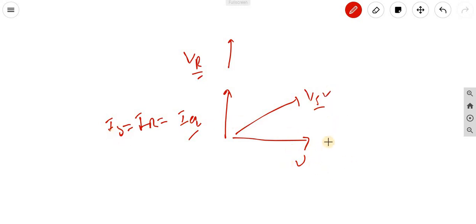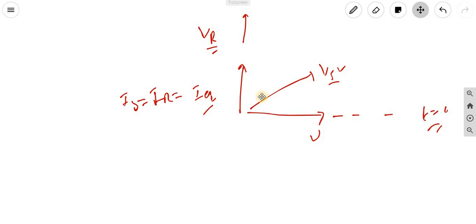These are the elements. For a particular instant we got this position, but all the vectors are rotating in a synchronous manner, with the same frequency.